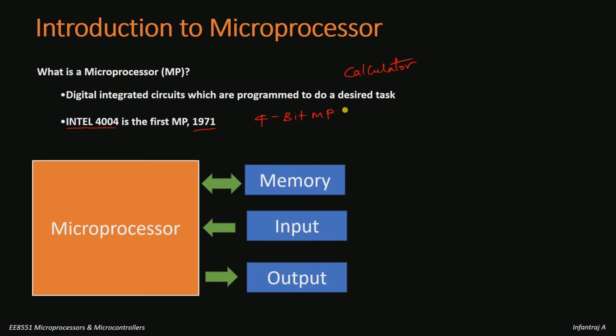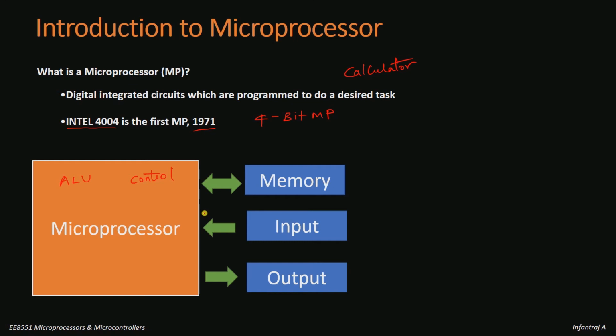This picture will help you visualize what a microprocessor is. This block, the microprocessor, will have an arithmetic logic unit, maybe a control unit, and you can see there is a memory block interfaced with this microprocessor.